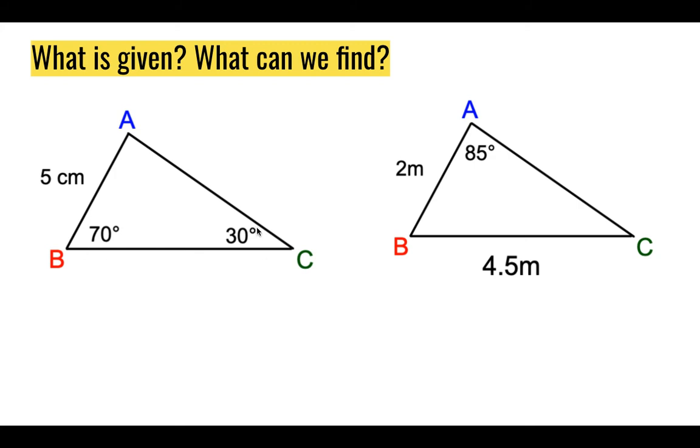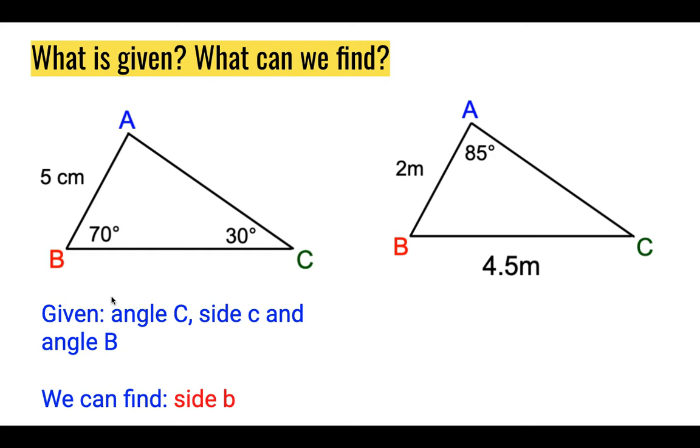Well, in this one, we have angle C, we have angle B, and we have this side. This side is across from angle C, so it is side little c. So we have angle C, side c, and angle B, which means because we have this pair and we have B, we can find the one that's across from B. So we can find side b.